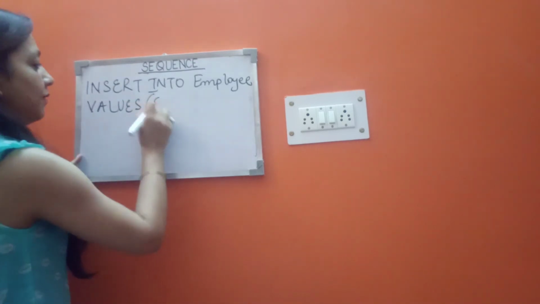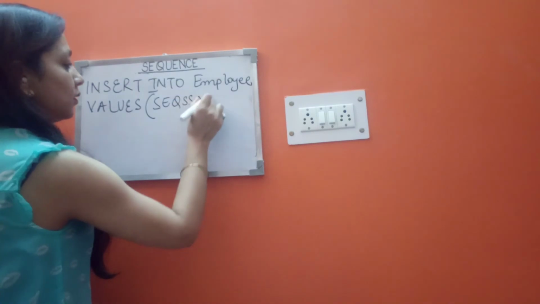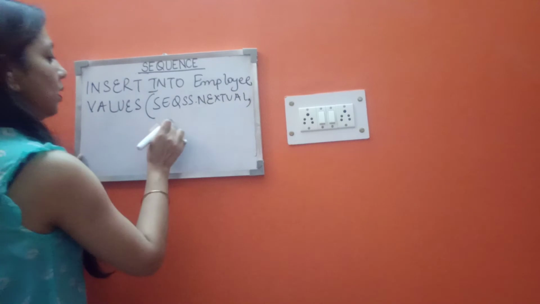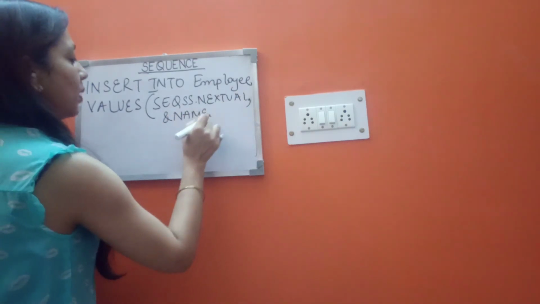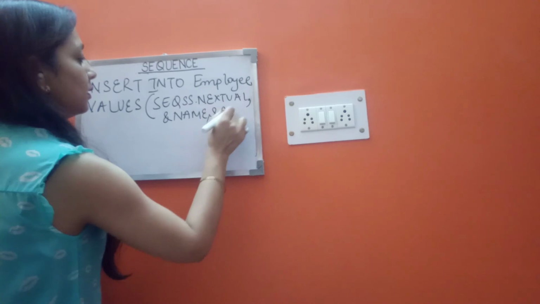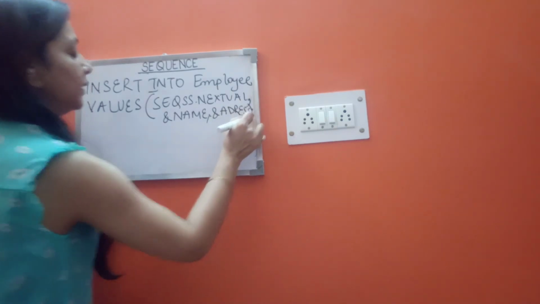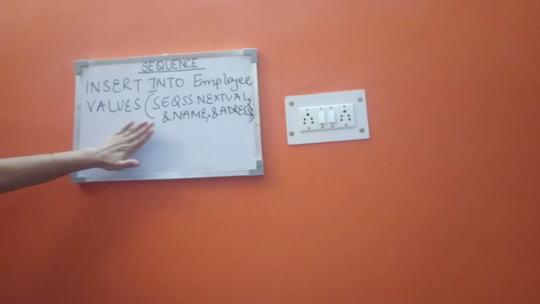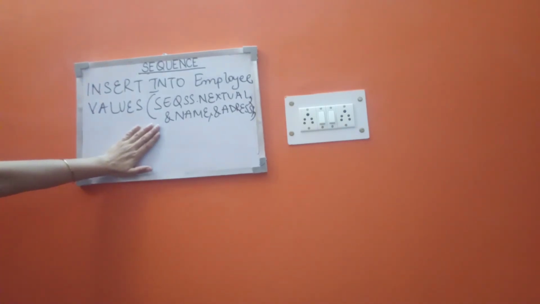First of all, I will write the name of the sequence. Comma, ampersand name, comma, ampersand address, and then end it with a semicolon. So this is how I will insert the new employee's details into the employee table.